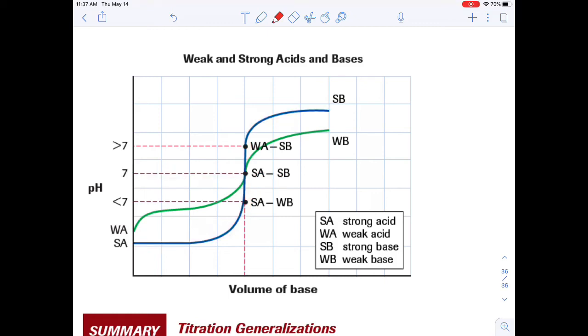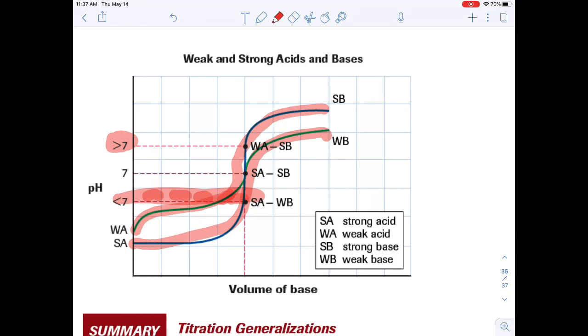If I had a weak acid and a strong base, I'm going to get a curve that has an equivalence point that is higher than 7. And if instead I had a strong acid and a weak base, the equivalence point will be less than 7.